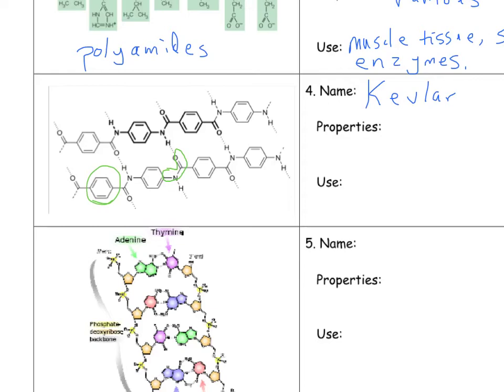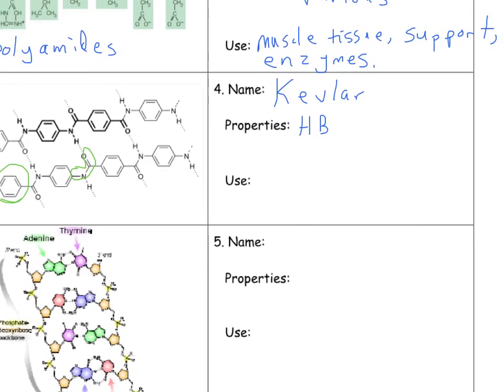Because these are secondary amides, you can make one hydrogen bond between the strands for each functional group. This makes each strand strongly bonded to each other. Because of all the open benzene structures, it makes Kevlar very light.